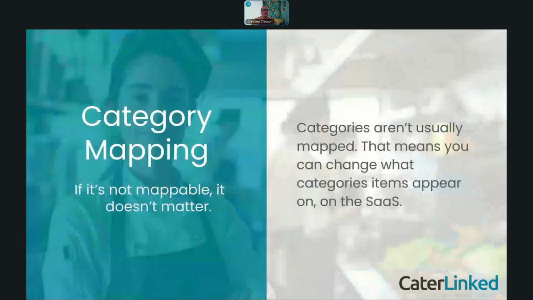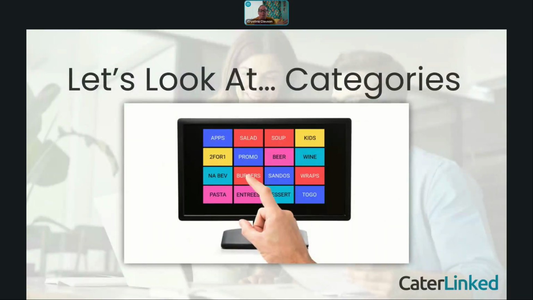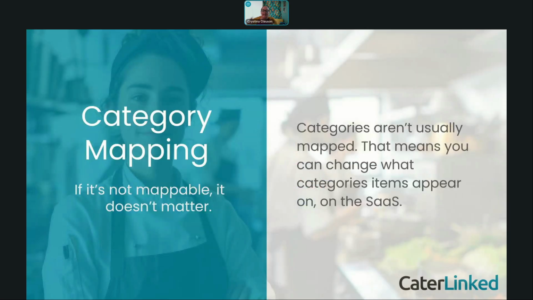So the interesting thing is, in most cases, I think in some newer point of sales this may not be quite right, but categories aren't mapped. Those buttons that you saw on that last screen, in a lot of point of sales, these aren't even mapped to anything. They're just a button that they name to get into a sub menu, basically. So they're not mapped to those numbers in your point of sale.